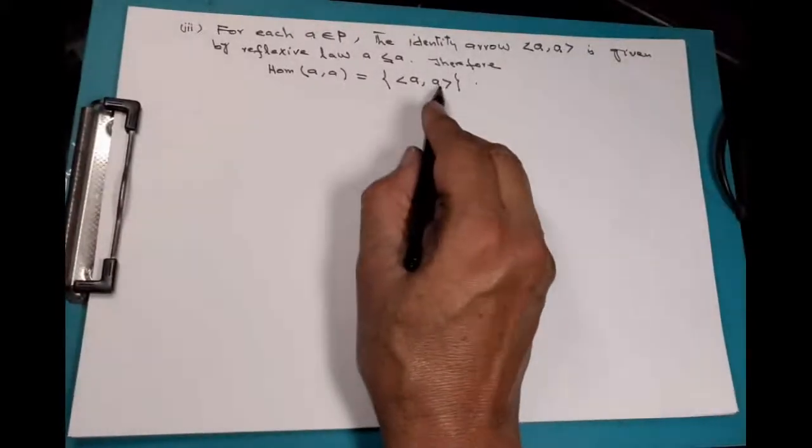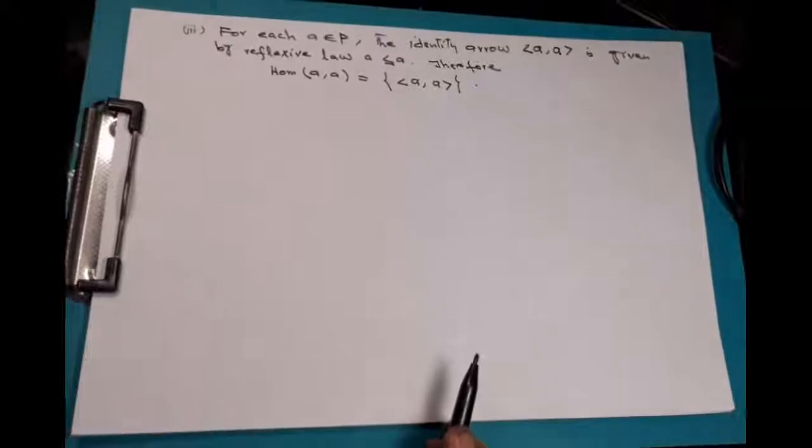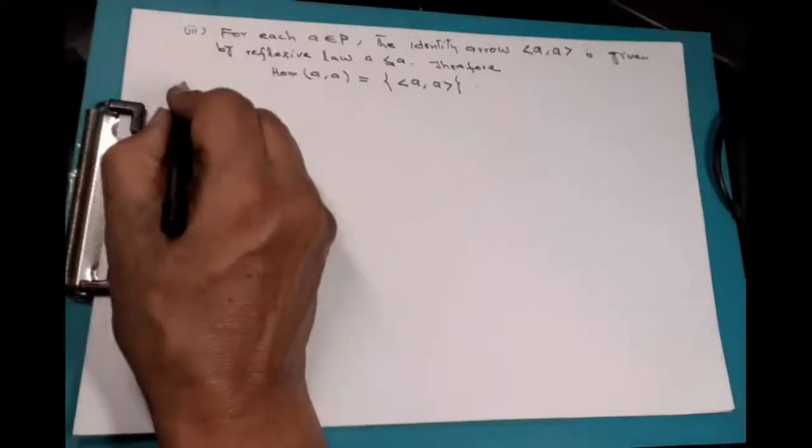So this is the identity arrow from A to A.